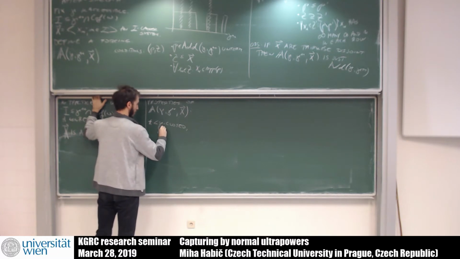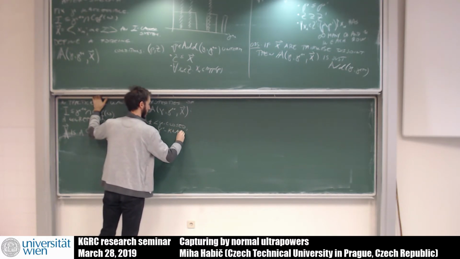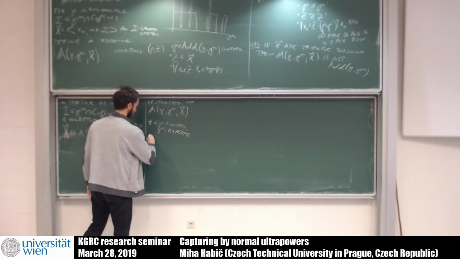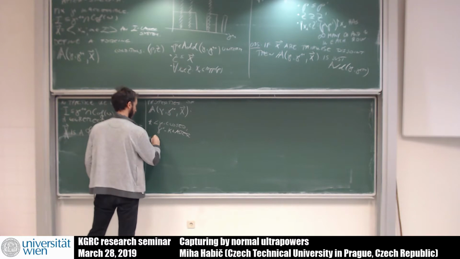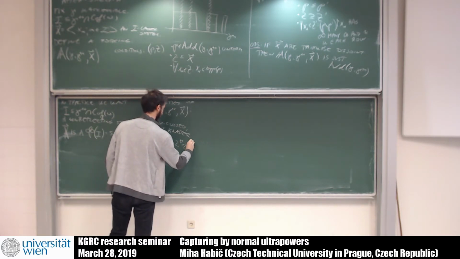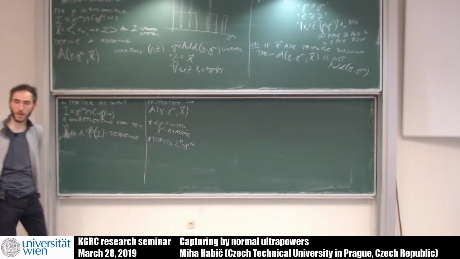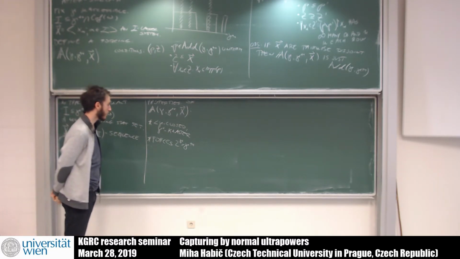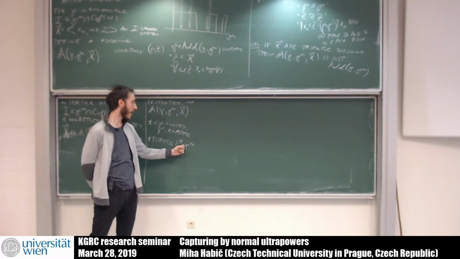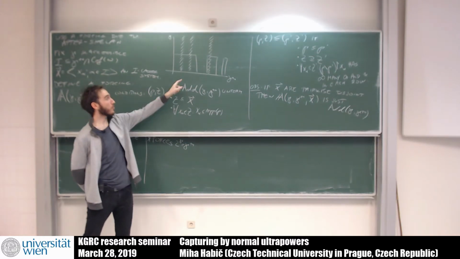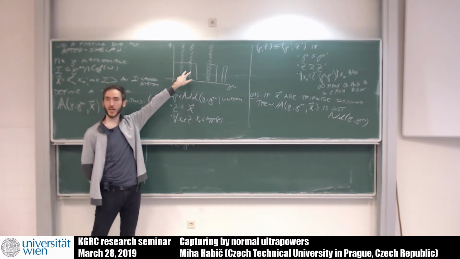You can check that it's gamma plus Knaster. None of this is very hard. You can also check that it forces 2 to the gamma is gamma double plus. That means for every subset of size gamma plus, there's a subset which is linked, which is pairwise. Yes. So you can check that it actually does add gamma double plus many new subsets to gamma, which you would expect, but it's not completely obvious.